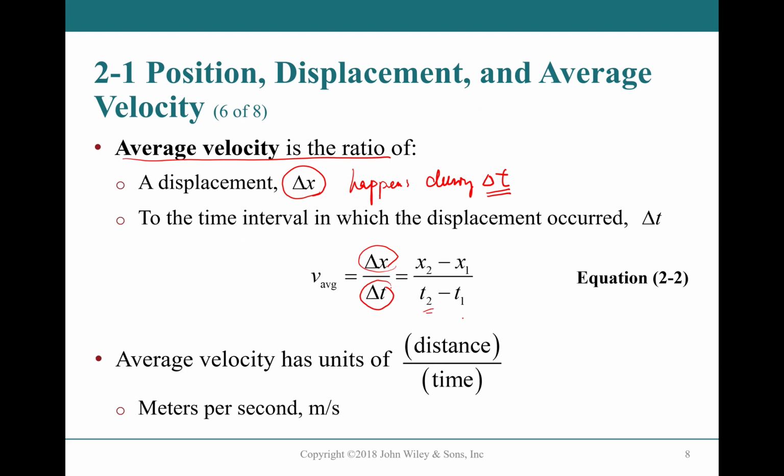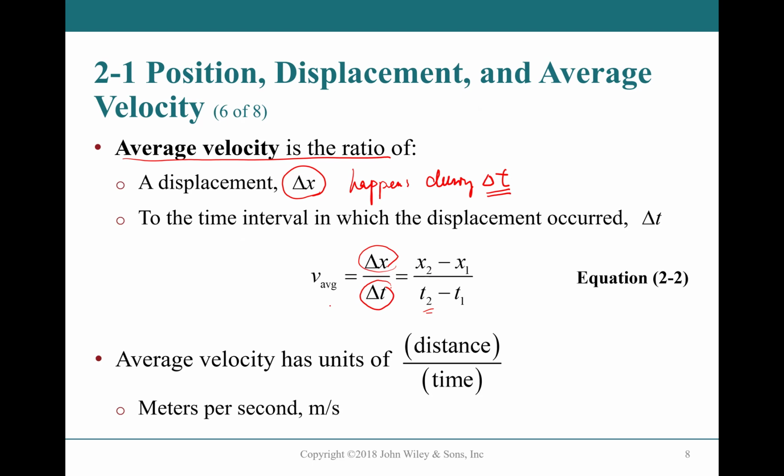So if the object moves from, like, 2:49 p.m. to 3 p.m., that's 11 minutes. You can calculate the time. And then the numerator on top will be our displacement.